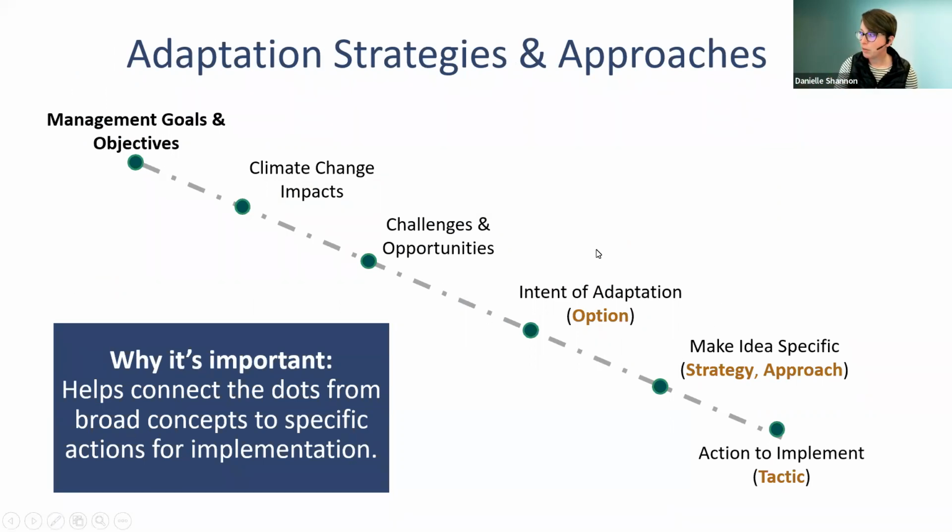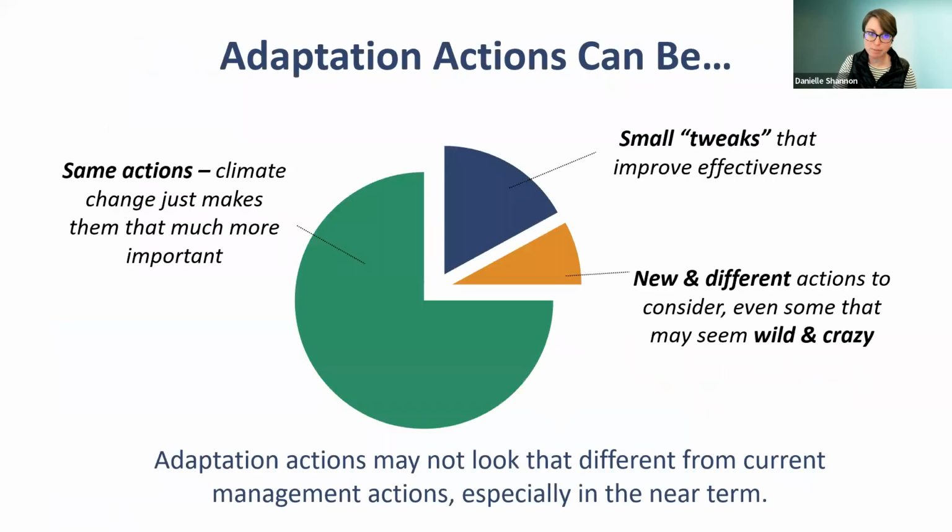So adaptation menus really help to clarify this part of our thinking. They help to define the intention of what we're doing, make our ideas more specific, and really get us down the road to being ultra specific about that action we're planning to take on the ground. So they're very vitally important.